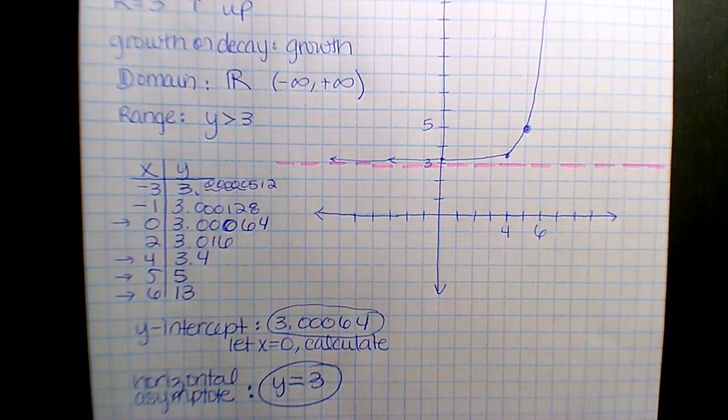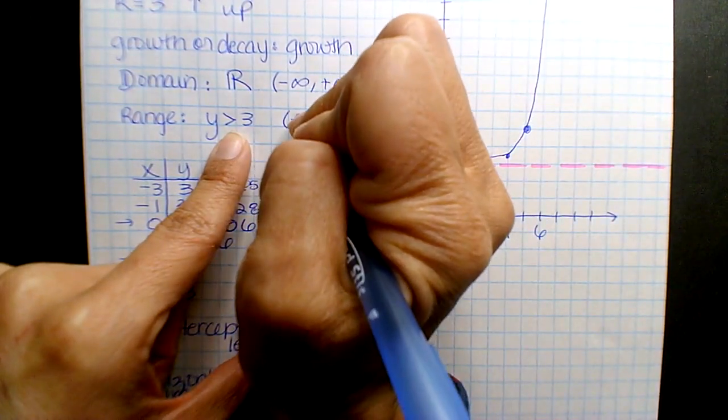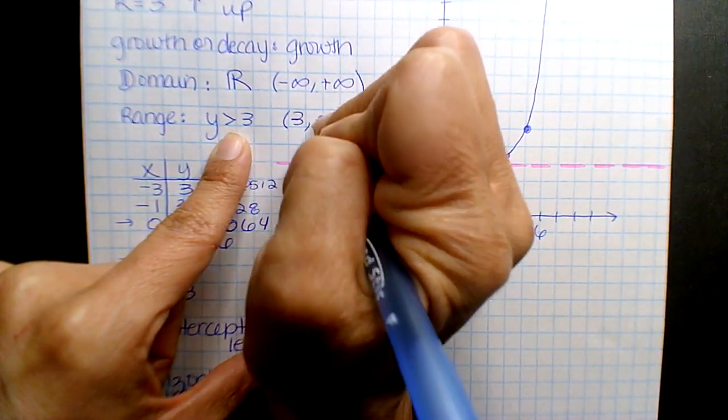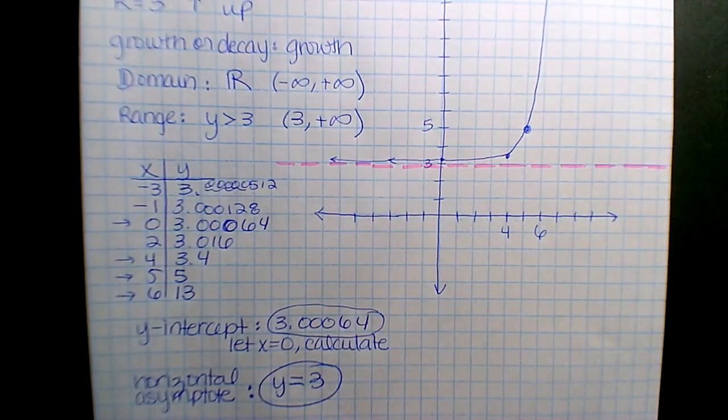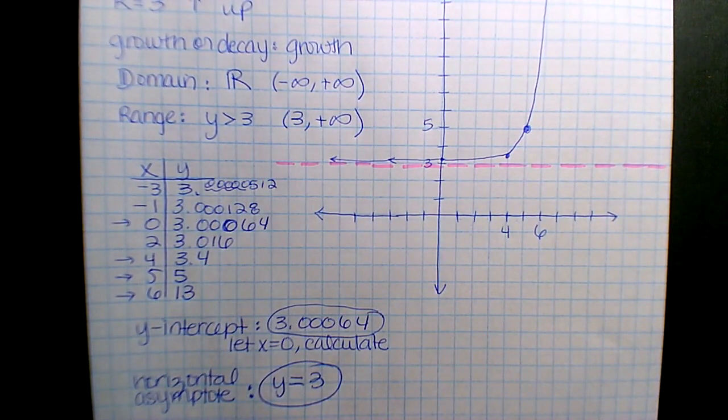We have a dashed line, so it's exclusive. It cannot be 3. Yeah, so I was right. You can write it in this form, or 3 to positive infinity. But again, it doesn't get the bracket, it gets the parentheses because it's exclusive.